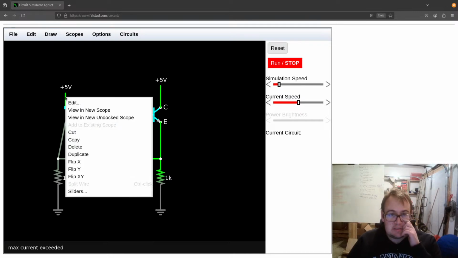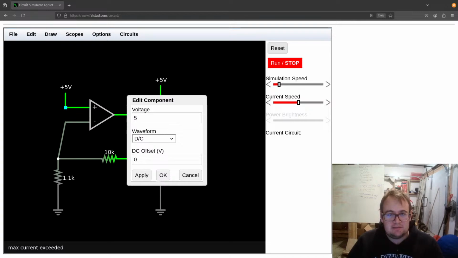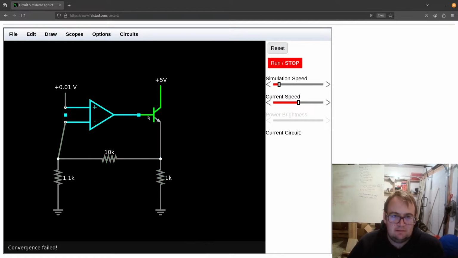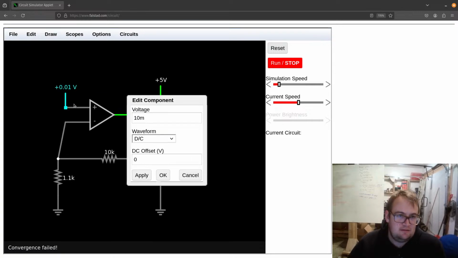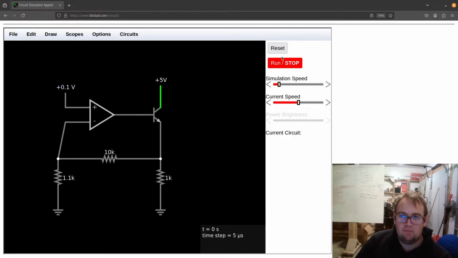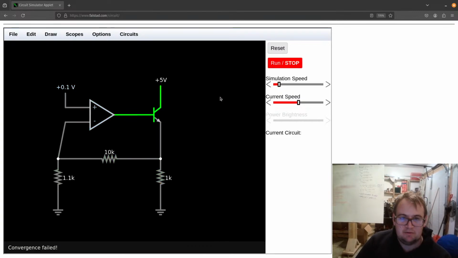So now let's edit this, we'll go 0.01. Apply. Okay, reset, run. Convergence failed. So I don't think we're going to be able to really get this one very well either. This might be one that would be interesting to assemble.